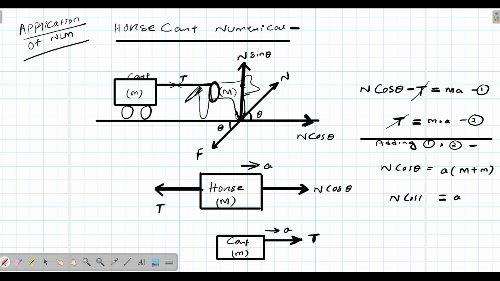Acceleration equals N cos theta divided by capital M plus small m. That is the acceleration in the case of the horse cart numerical.